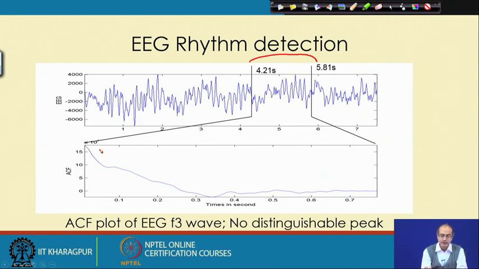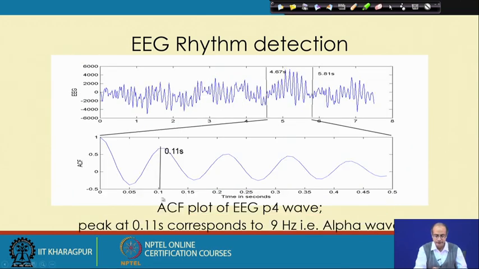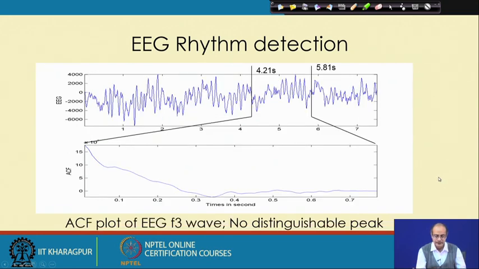Visually it looks like a similar kind of thing is there, but when we take the ACF plot, the autocorrelation plot, in the same way for this EEG recording, that is the F3 signal, we do not find any peak, unlike the previous one. In the previous case we could get a peak here at 0.11 second, but in this case we do not find any peak for the autocorrelation function of the F3 signal.